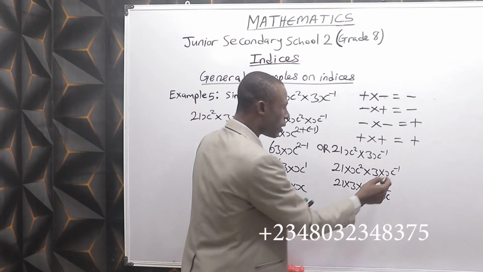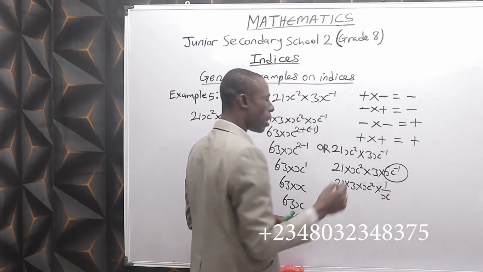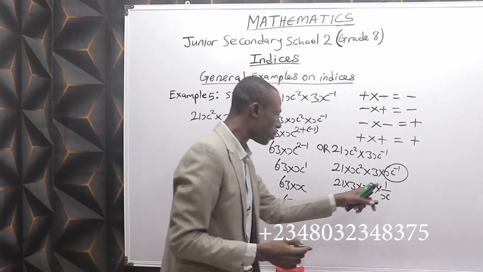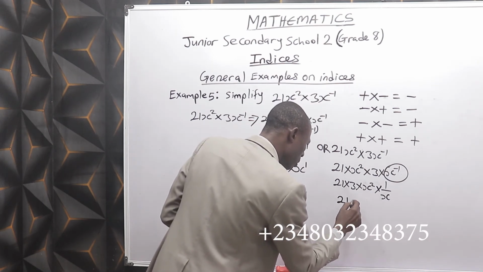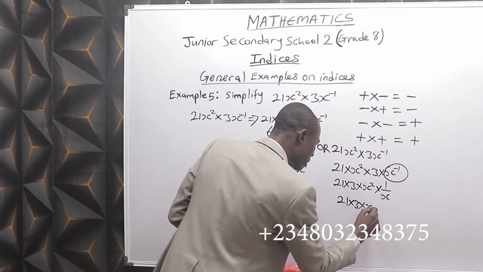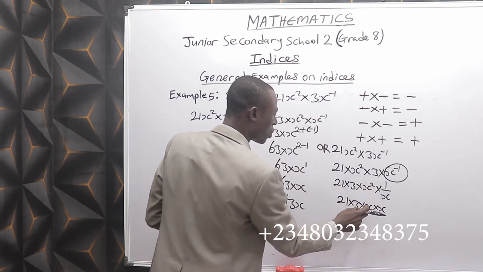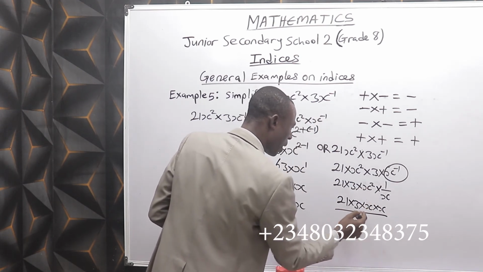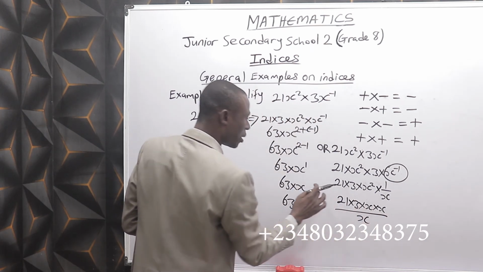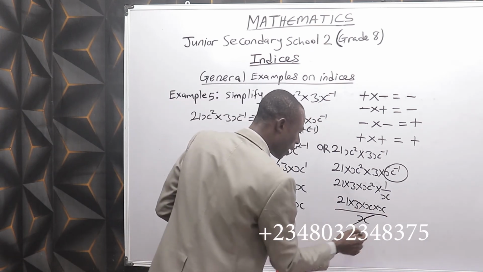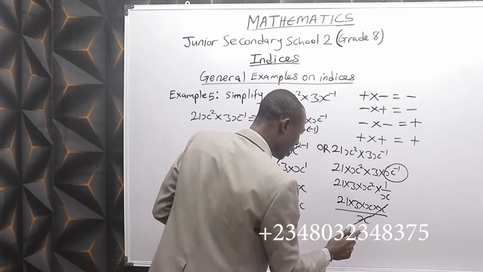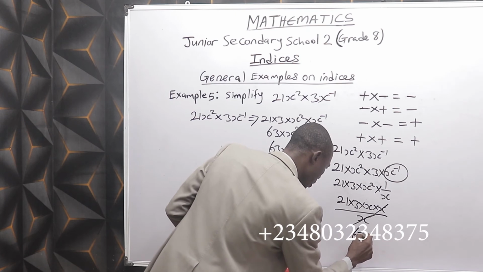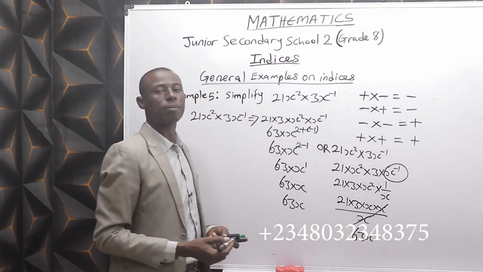You know, this x raised to the power negative 1 is the same thing as 1 over x, which could be rewritten as 21 times 3 times x, x raised to the power 2 is x times x, divided by x. We have only one x at the denominator level. So that x will cancel this x. 21 times 3, that is 63, times x. The answer is 63x. It's the same thing, whichever way.